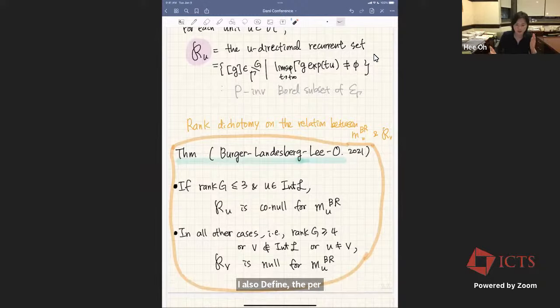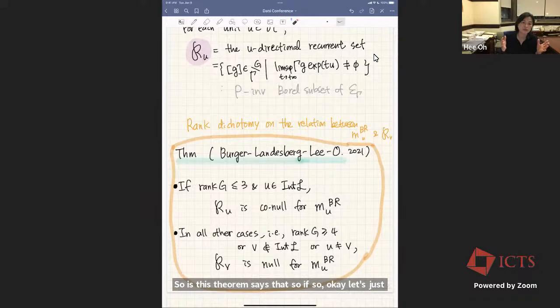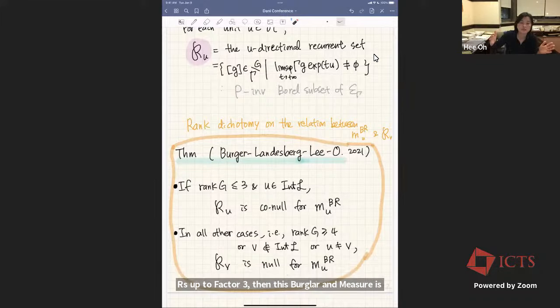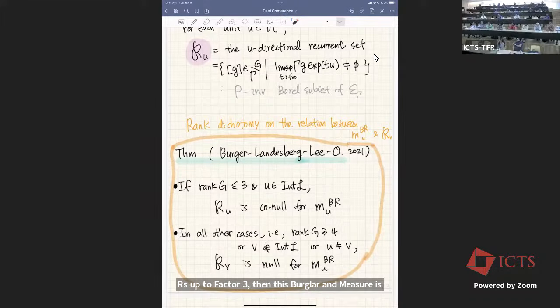Yes. So this theorem says that, let's just think about the product of PSL2(R)s. If we look at the product of PSL2(R)s up to factor 3, then this Burger-Roblin measure is fully supported on the directional recurrent set. Okay. The first bullet, I got it.